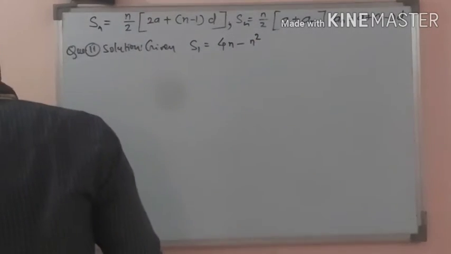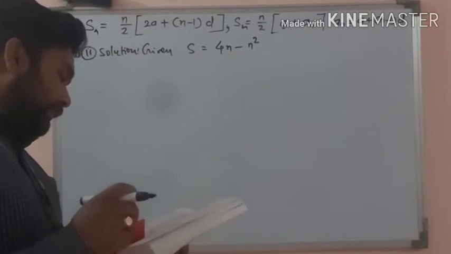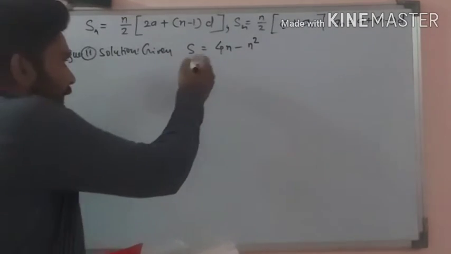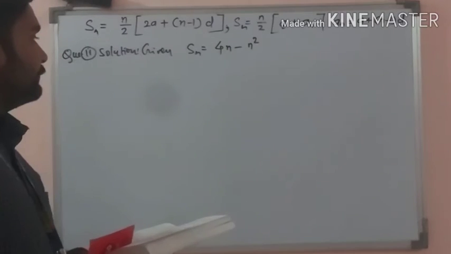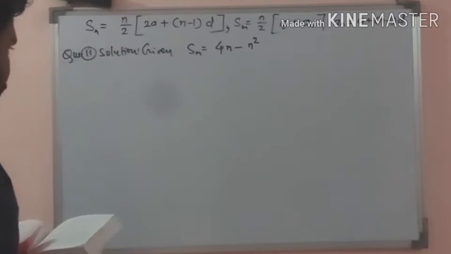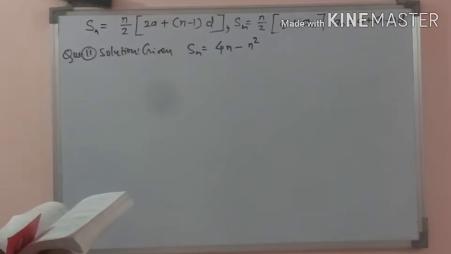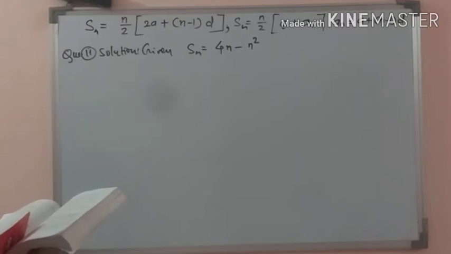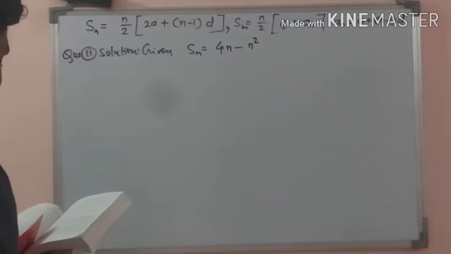Sum of n terms is 4n minus n square. So what is asked of an AP? What is the first term? First term, that is S1.